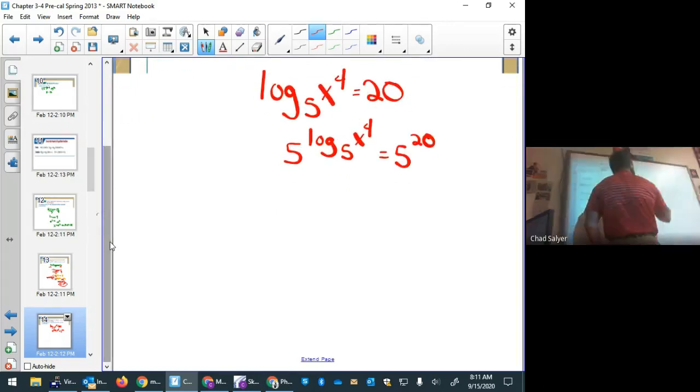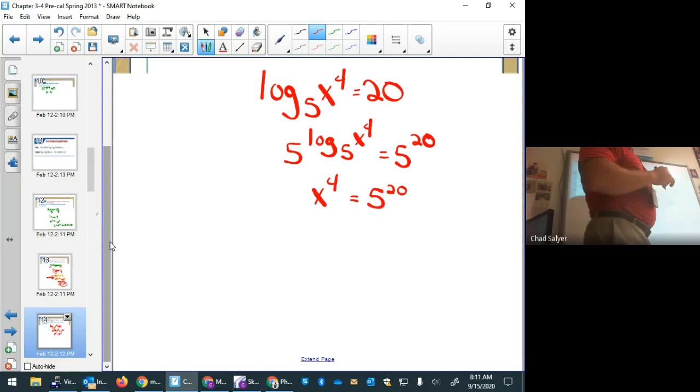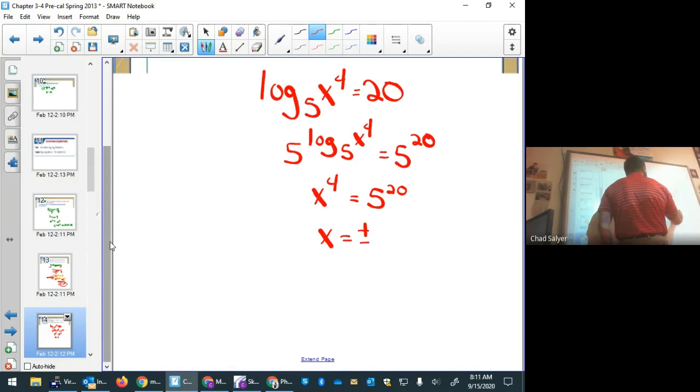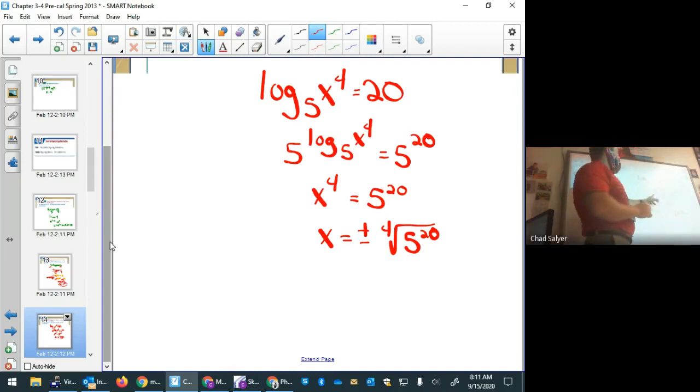So what I'm going to get is x to the 4th equals 5 to the 20th, which I'll leave in that form because that's going to be a monstrous value. And then I'll say x equals plus or minus the 4th root of 5 to the 20th. So when I take an even indexed root, I must consider both the positive and the negative.